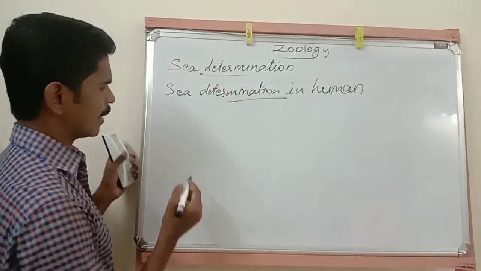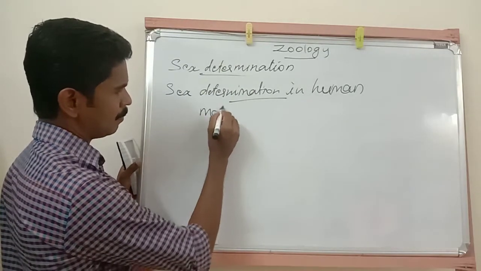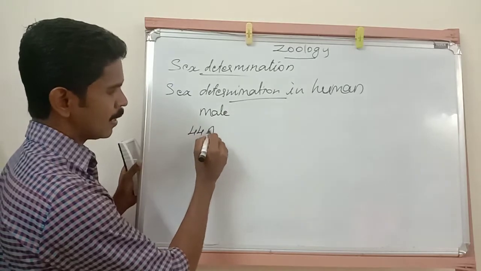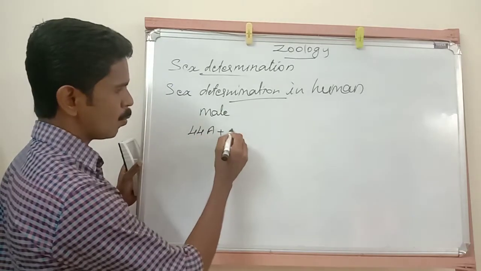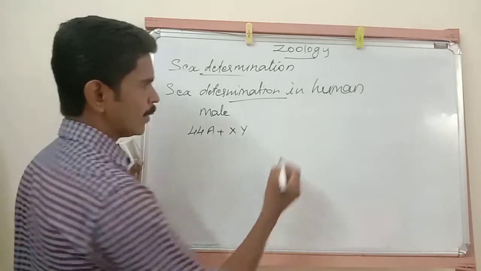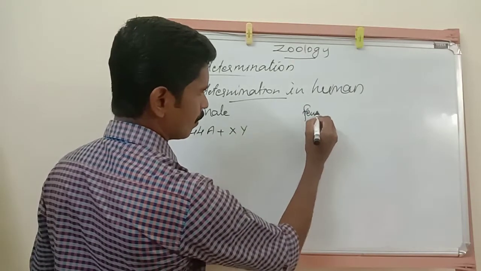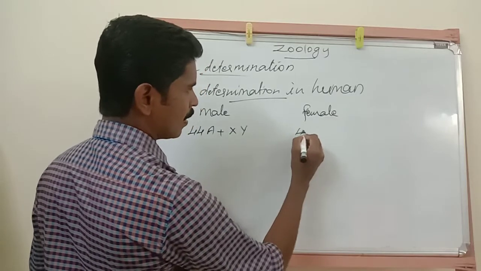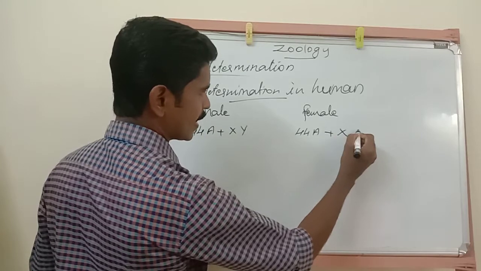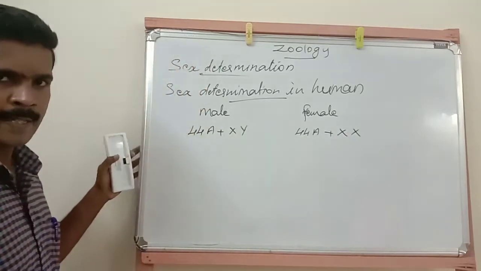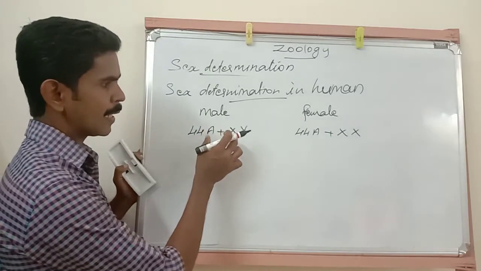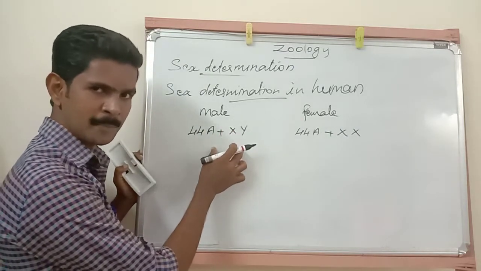So, listen very carefully. In male, 44 autosomes are there, plus one X chromosome and one Y chromosome. Then in female, 44 autosomes are there, plus 2 X chromosomes. So this male can produce two types of sperm.